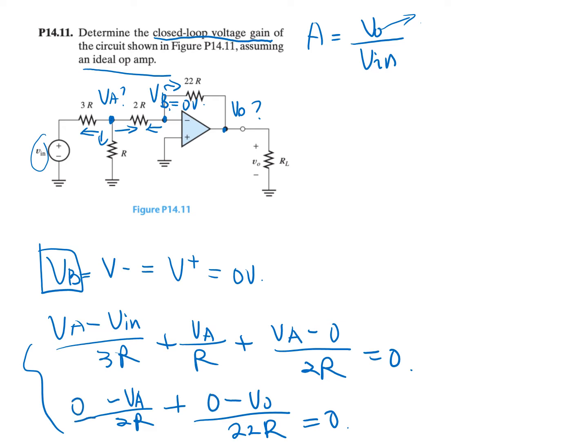So we have two unknowns, that's VA and Vout, and two equations, and we can solve them. We can find that Vout is equal to negative 11 Vin divided by 5.5, and if we simplify this, we get Vout divided by Vin is equal to negative 2.